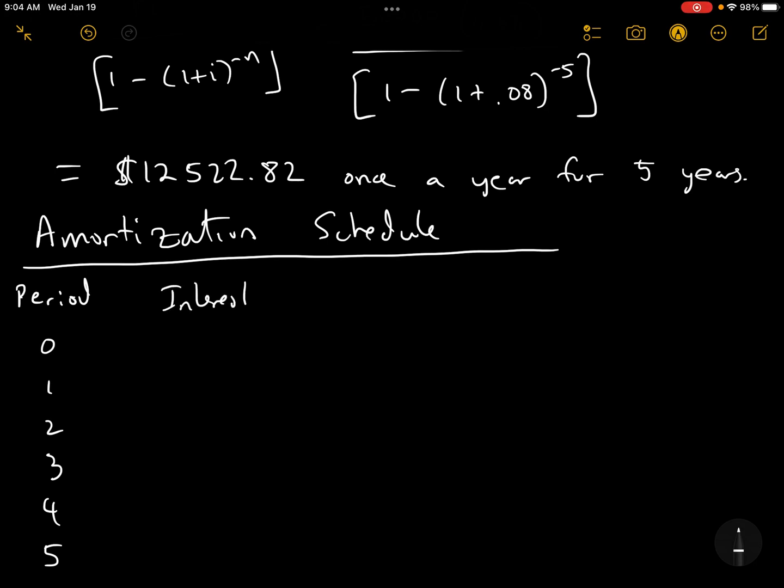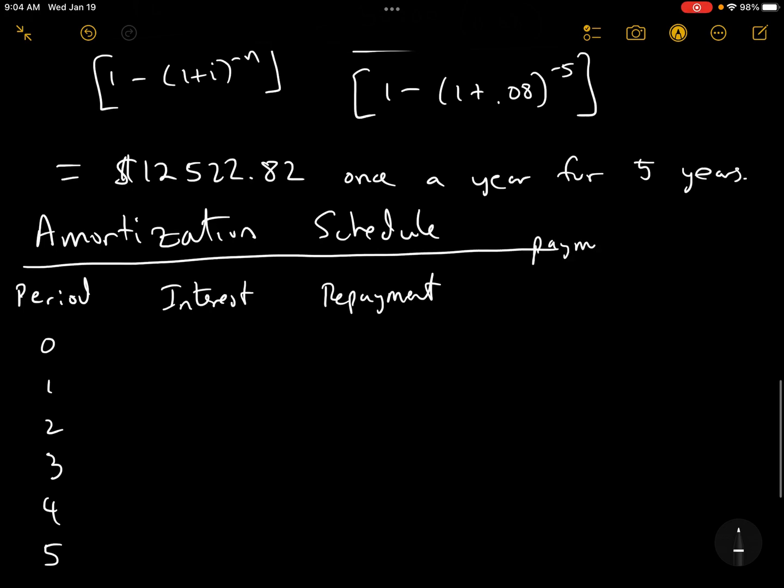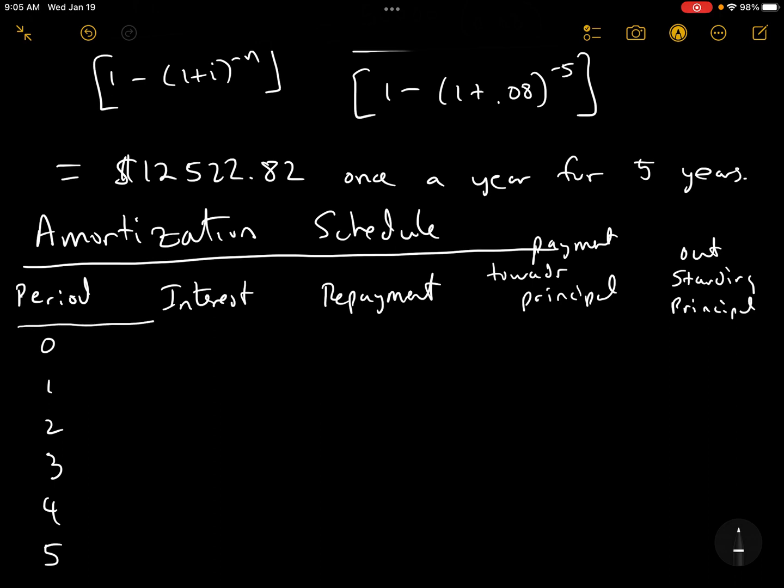And then we're going to compute the interest, the repayment, how much you pay, and then this column will be payment toward principal, and then out here will be the outstanding principal. And so we just put the 0 row here because we're starting with 50,000 bucks.